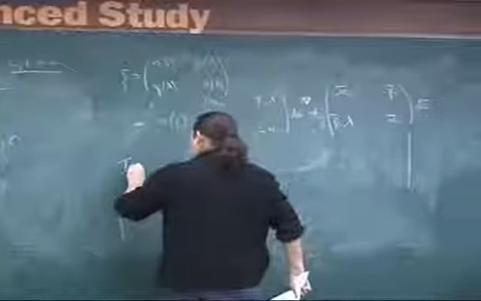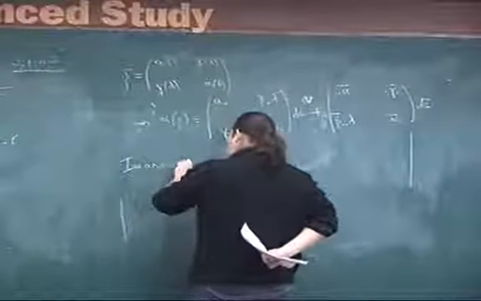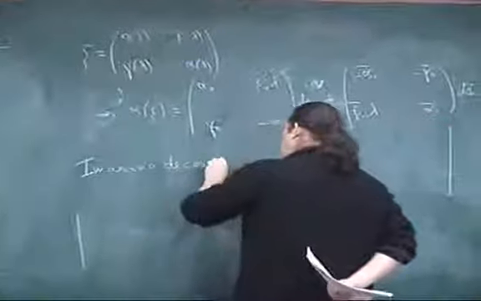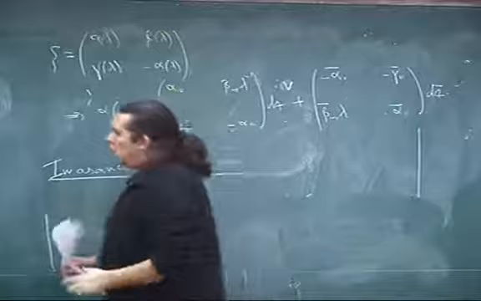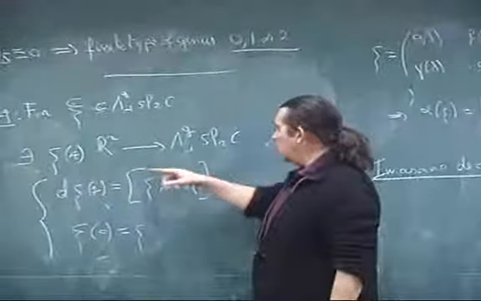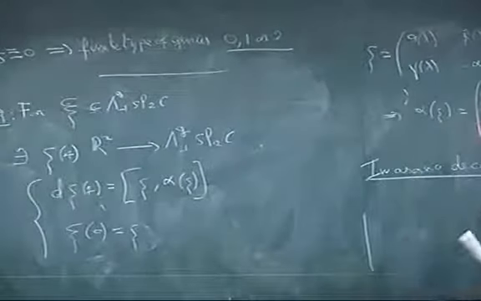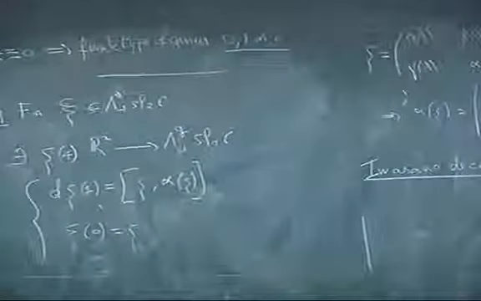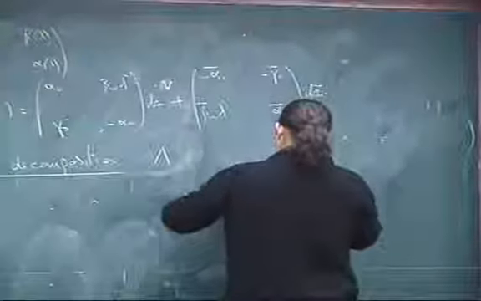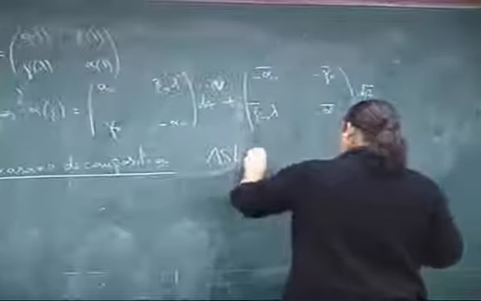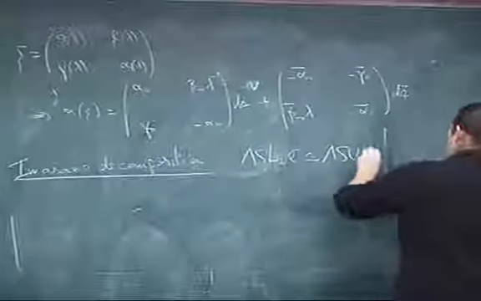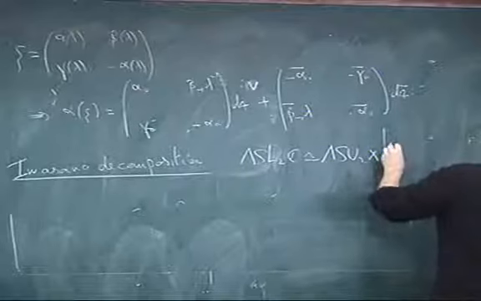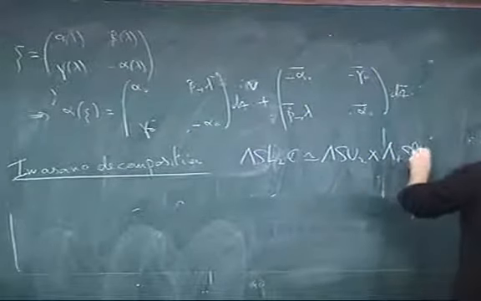Iwasawa decomposition says that from a matrix like that, which is a polynomial killing field, I can integrate directly my f by remarking that lambda SL2C, which is a loop group, is diffeomorphic to SU2 times L plus SL2C.